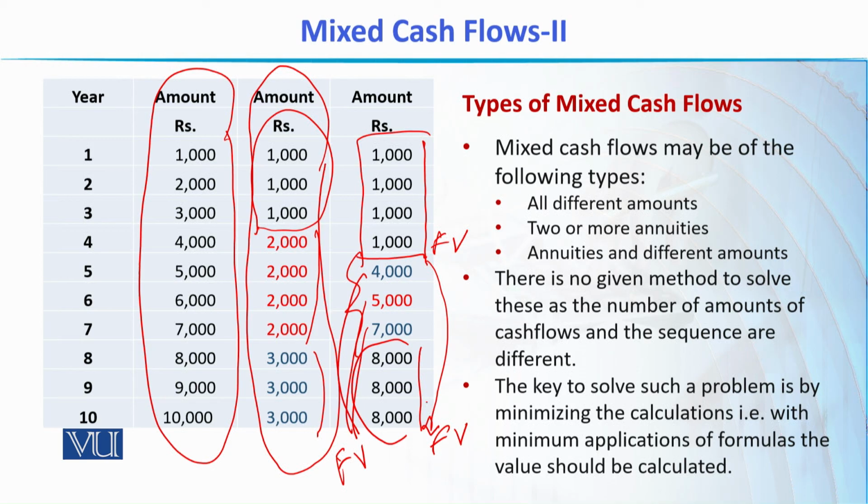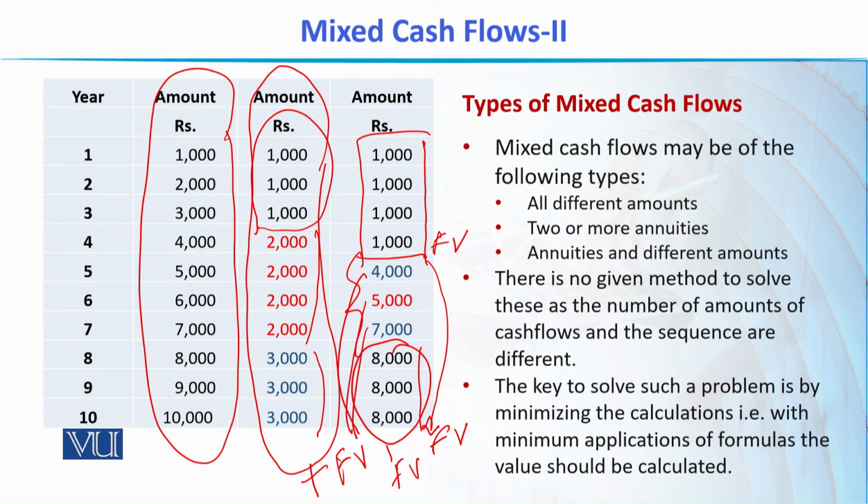And finally, this entity's future value will be calculated here. Then we have to add all these three future values in order to get the total future value of this mixed cash flow. So you can see that it requires some skill of analysis so that we minimize our calculation and calculate the future value or the present value.